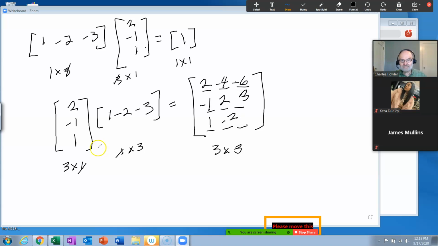And the 3-3 entry here is third row, third column, that's a -3. Okay, let's make sure that we did the same thing they did. 2, -4, -6, -1, 2, 3, 1, -2, -3. Got it.